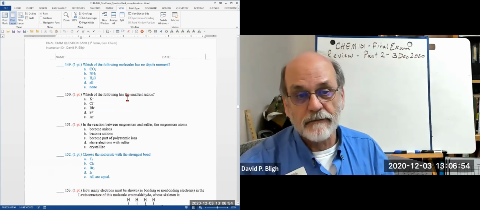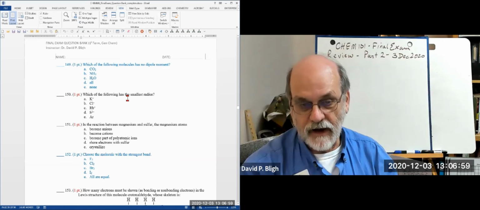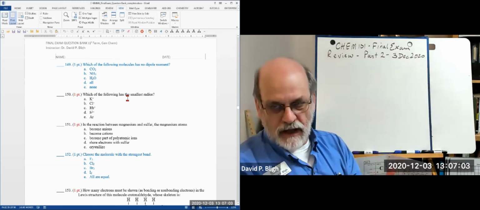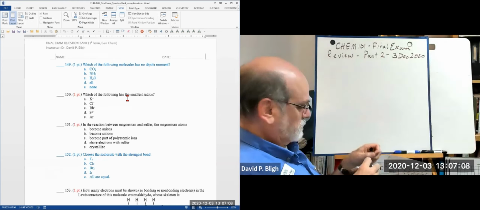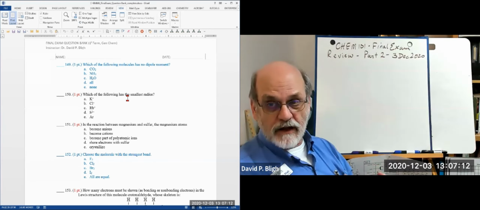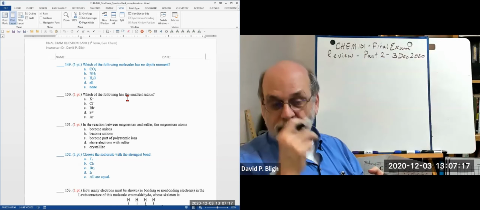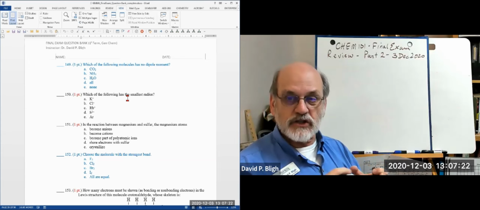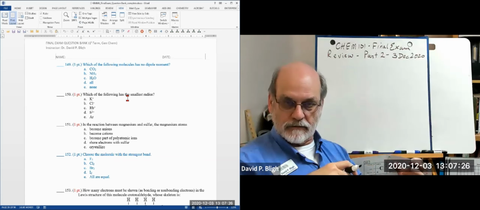Which of the following molecules has no dipole moment? All right. What are the two factors that are required to determine if a molecule has a dipole moment? First of all, what's a dipole moment? It's a characteristic of a molecule in which the average distribution of electric charge, the electron density, is shifted toward one side of the molecule versus the other.